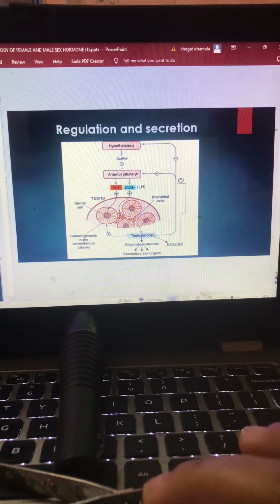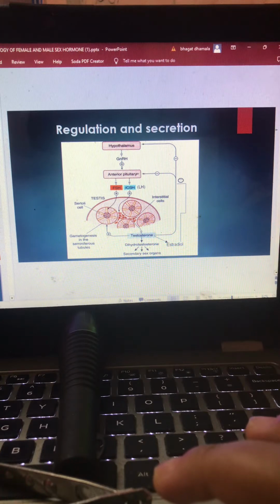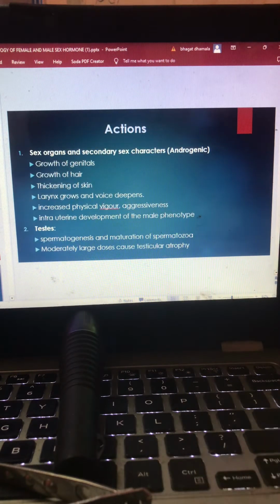Now moving on towards the actions of the androgens, natural and synthetic. Androgens act differently in different organs. The first is the sex organs and secondary sexual characters.